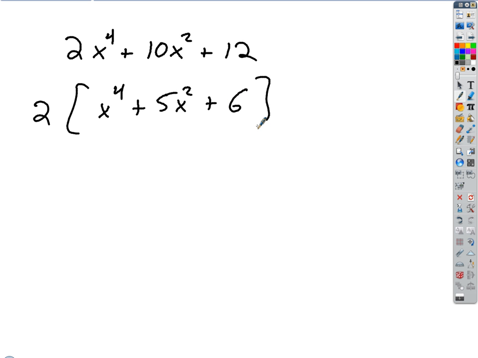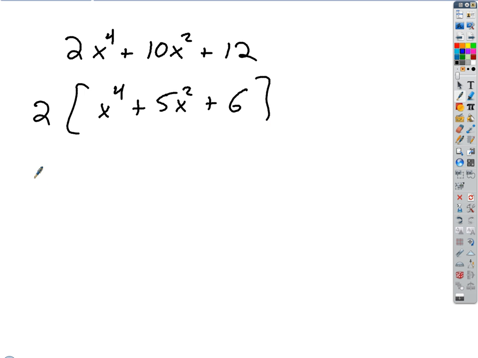Okay. So now, what gives this away a little bit is if I've got an x to the 4th in my first term and an x squared in my second term, why not think of those in quantities of x squared? Does that make sense?